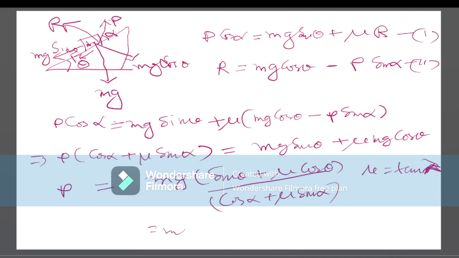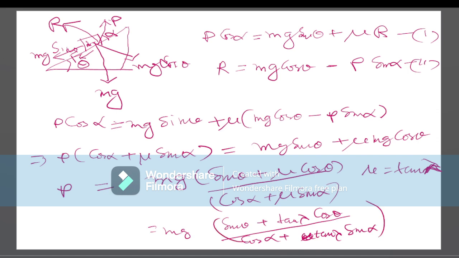We can write it down like this: mg sine theta, and mu is tan lambda, and cos theta divided by cos alpha, and mu is tan lambda actually, and sine alpha. So these are the things. So we just put mu as tan lambda. Lambda is the angle of repose. That means the angle at which the body just starts moving.